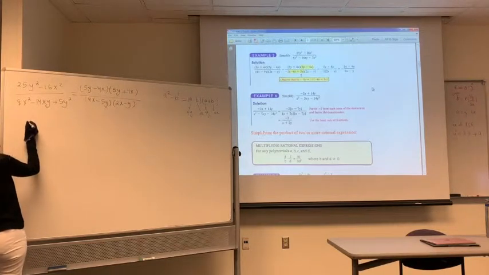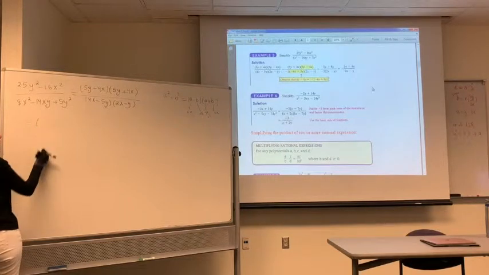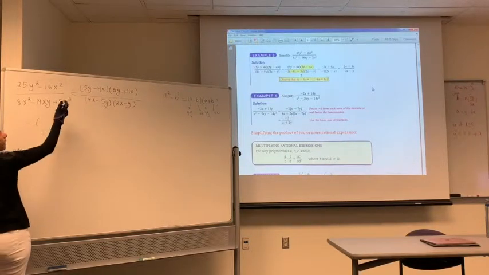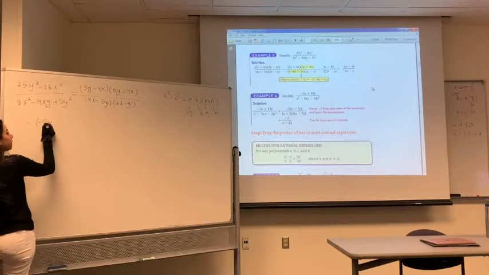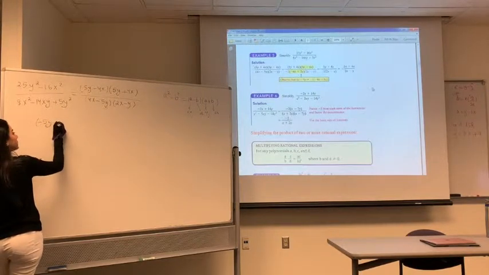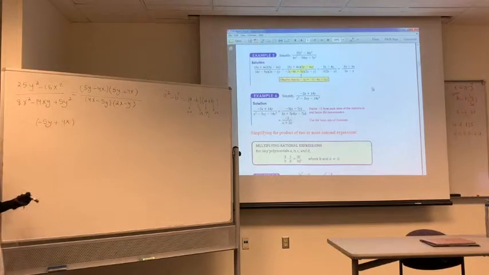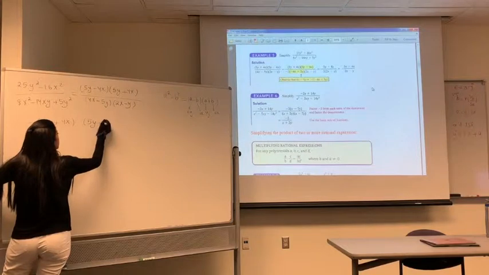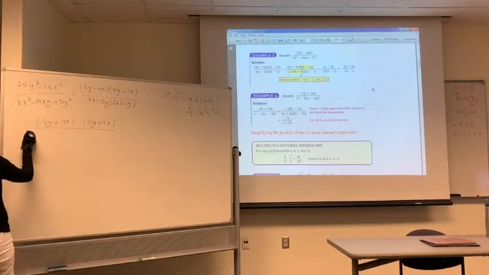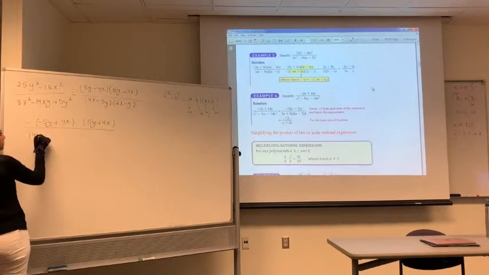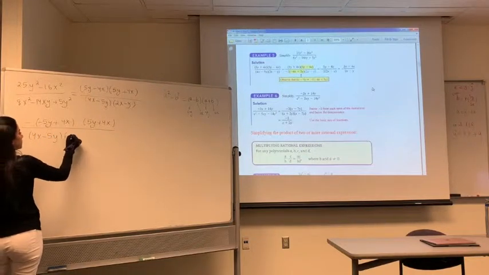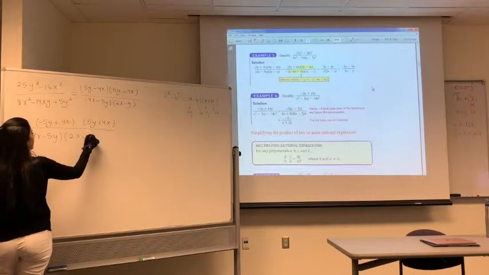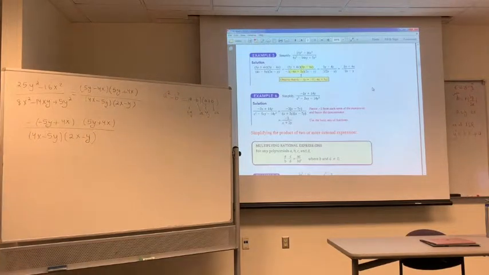So 5y minus 4x. Let's bring out a negative sign. If we bring out the negative sign, 5y becomes negative 5y. Negative 4x becomes positive 4x. And then the rest are the same. Nothing changes. Correct?